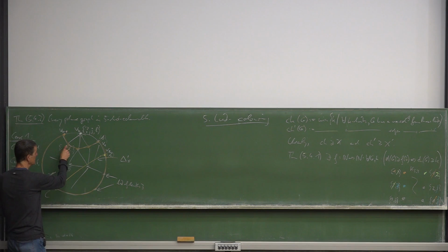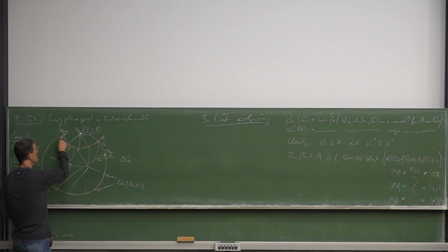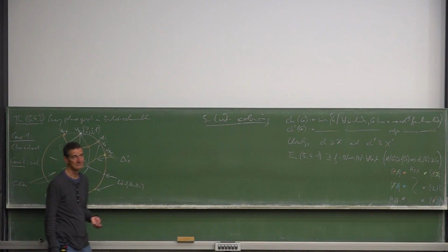And J and L are not going to be used on these neighbors of VK, not on that neighbor, and not on these inner neighbors either, because we deleted J and L from those lists. They might be used on VK minus 1, but not both of them, only one of them at most. And we color this with the other.